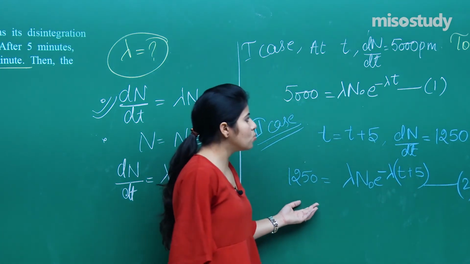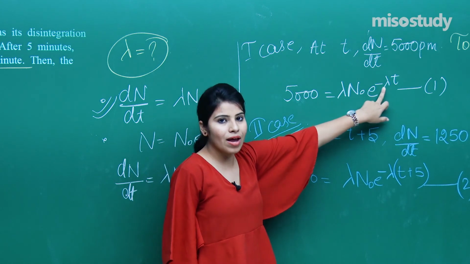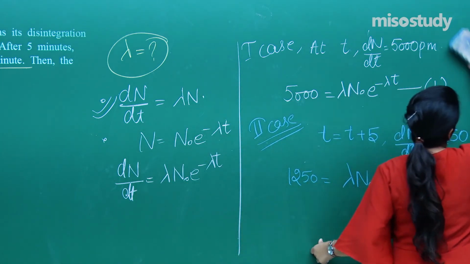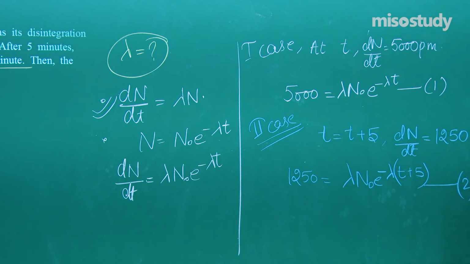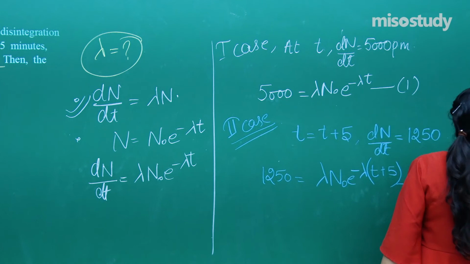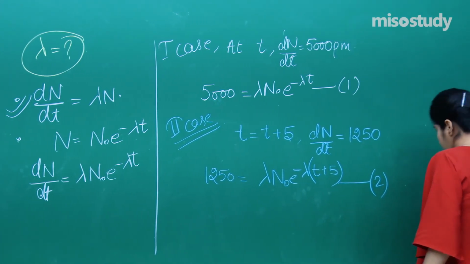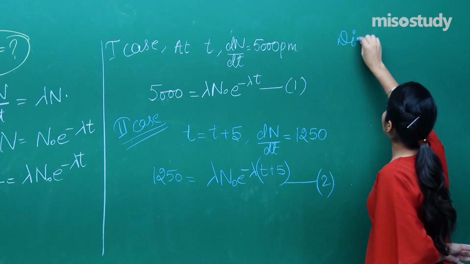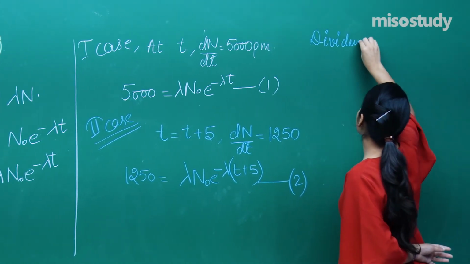What you have to do is find out this value of lambda. So now, just look at this. Again you can do one thing, dividing equation 1 by 2.